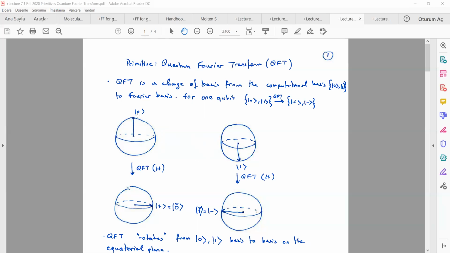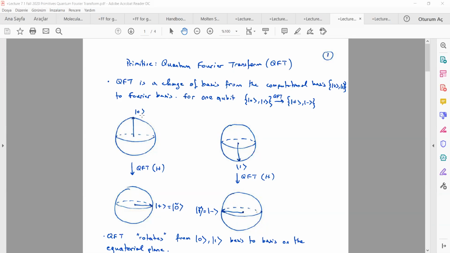So if you apply a quantum Fourier transform to a single qubit, what it does is it transforms this computational basis state, ket 0 or ket 1, to what we call a Fourier basis state. In the case of a single qubit, the Hadamard transform corresponds, as we are going to see shortly, to a quantum Fourier transform.